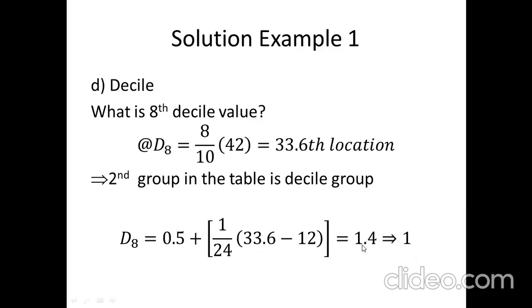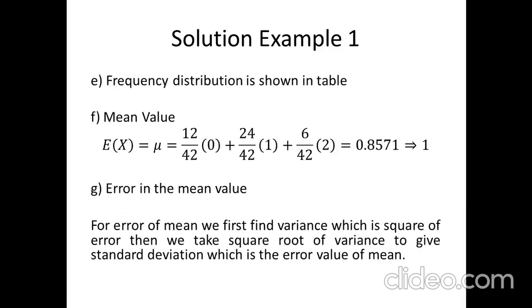The answer comes out to be 1.4, which can be truncated to 1. Very close to 2, but it can be truncated to 1 because we know that it is in the second group. So the D8 value is 1.4, or you can also take the value 1.